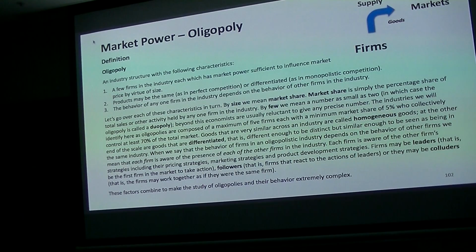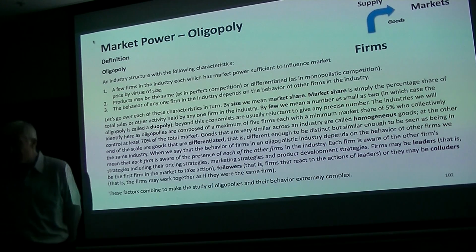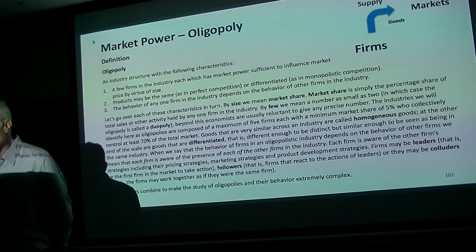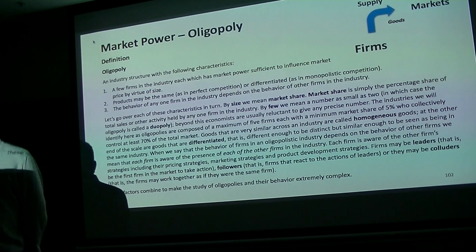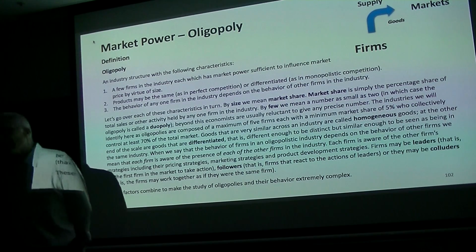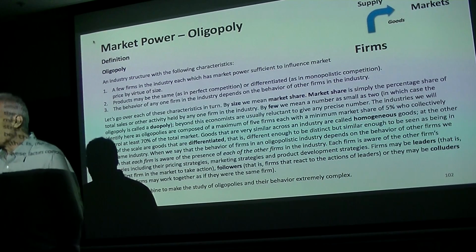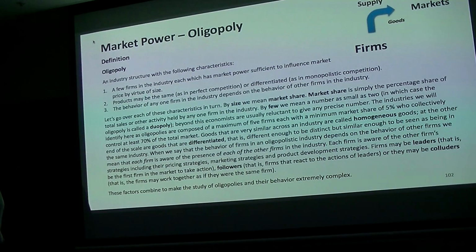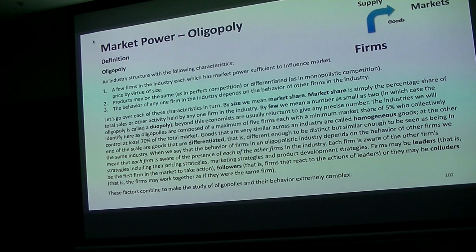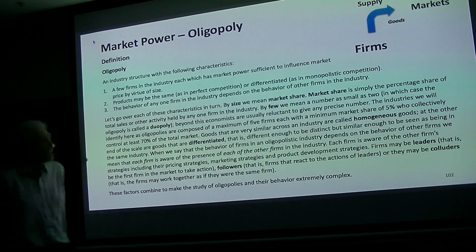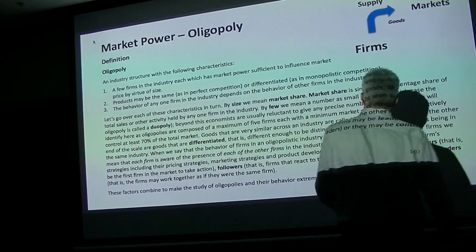The goods may be very similar across an industry, even if it's an oligopoly. For example, firms that manufacture cement. You don't have many firms in a market, and yet they make a very similar product. It's cement. So you may have what's called a homogeneous good. They're very similar across the industry.